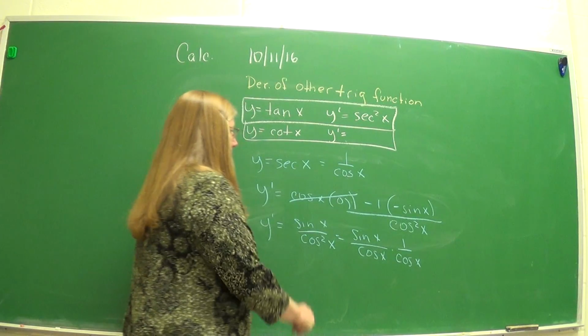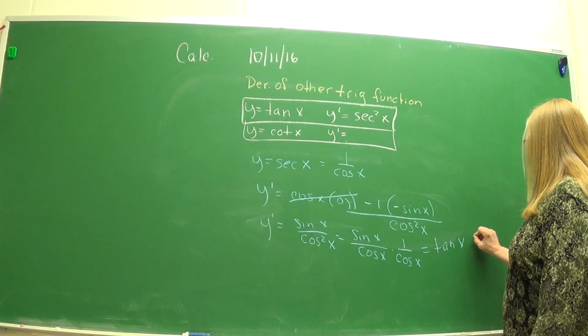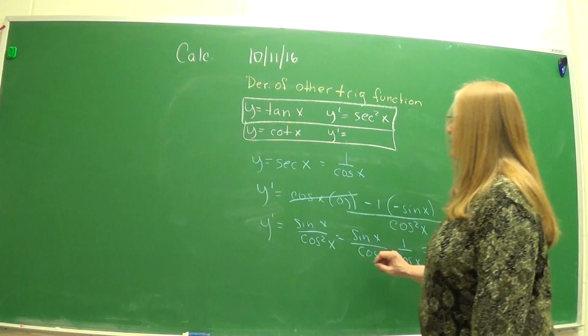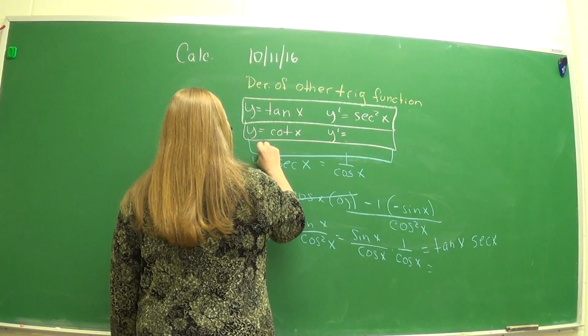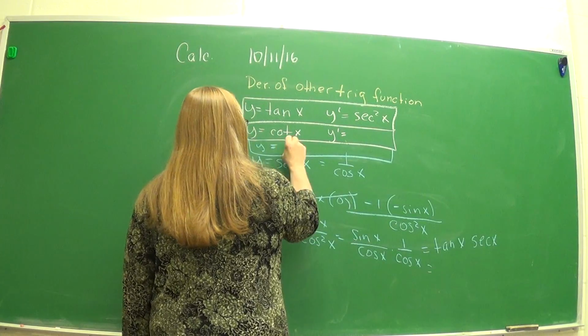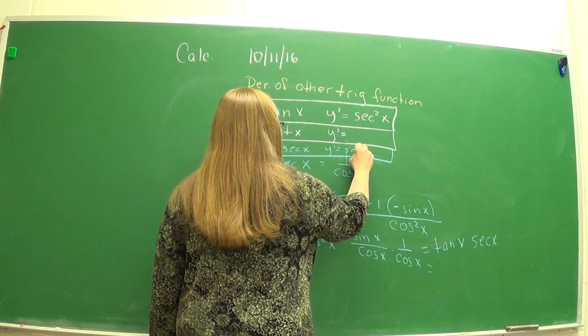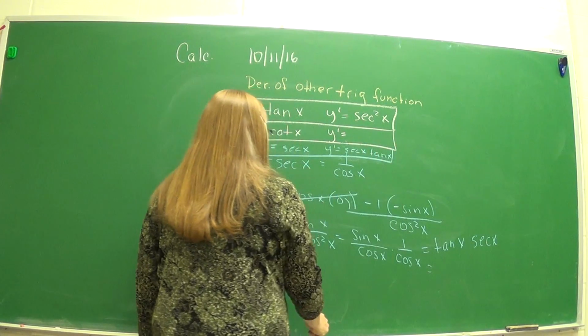So sine over cosine is tan, and 1 over cosine is secant. Usually we write it secant tan. So I'll do that up here. It's my third one. If y equals secant x, then y prime equals secant x tan x, which is usually the way we write it.